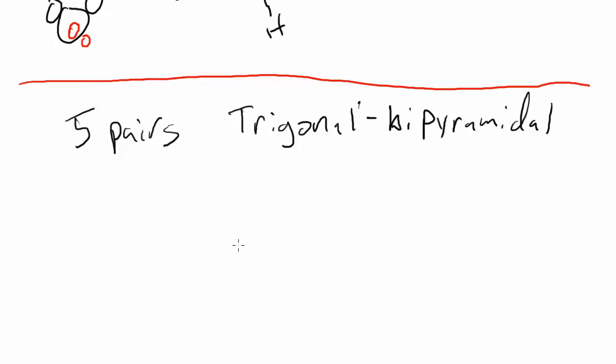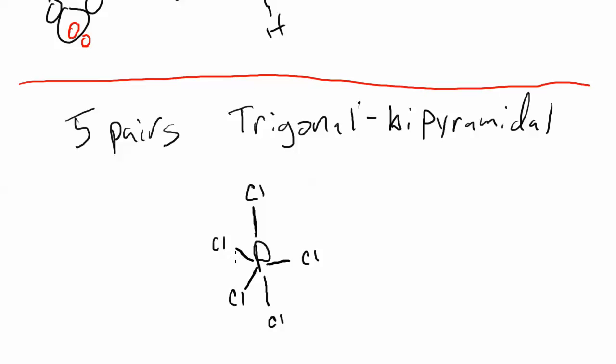And so what happens is you have your central atom. For example, phosphorus might do this sometimes. And then from the central atom, you have 3 equally distributed bonds in a plane. If you stopped there, that would just be the trigonal planar. But it doesn't stop there. There's 2 more, and one goes up at a 90-degree angle from that, and then one goes down at a 90-degree angle from that.